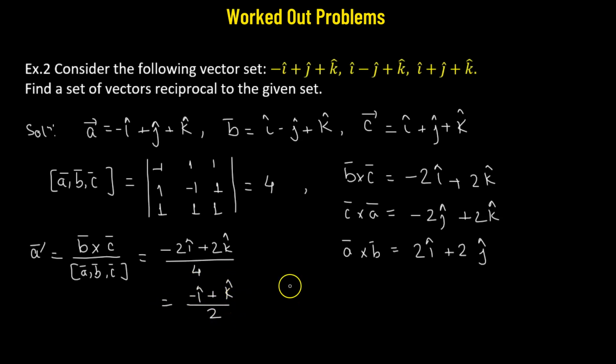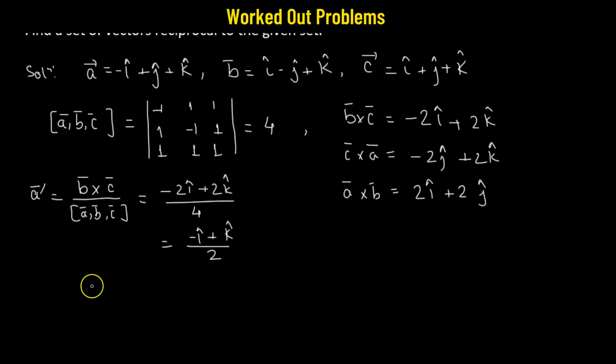Let's find out the reciprocal vector B prime. That will be given by C cross A divided by the scalar triple product of A, B and C. So C cross A is negative 2 j cap plus 2 k cap, so we will have negative j cap plus k cap divided by 2.